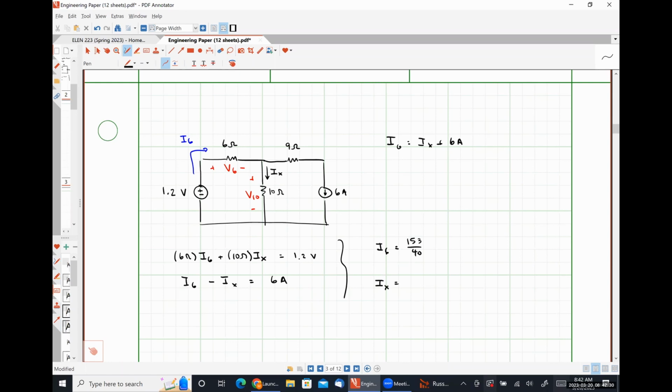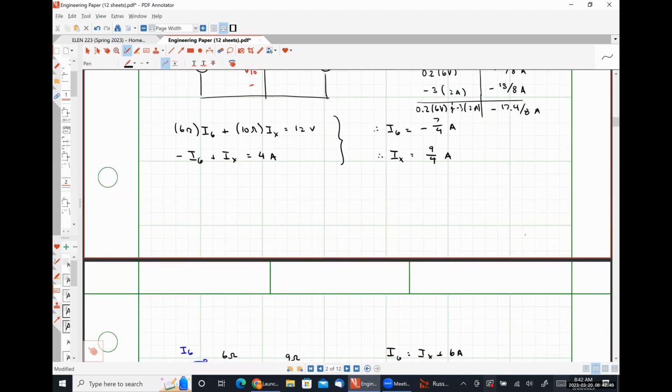IX is equal to -87 over 40. -87 over 40 is -2.175 amps. Just for the sake of argument, -17.4 over 8 is -2.175 amps, right?